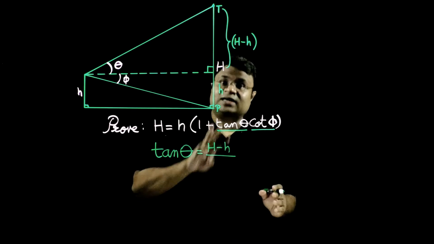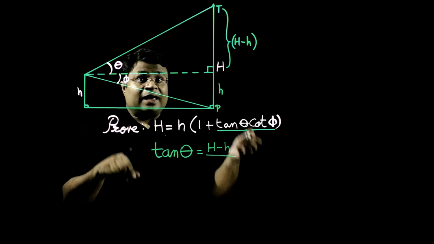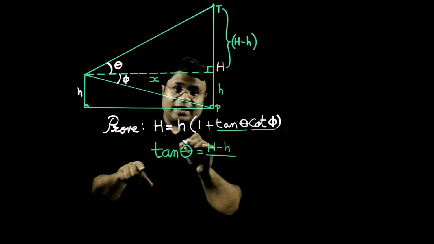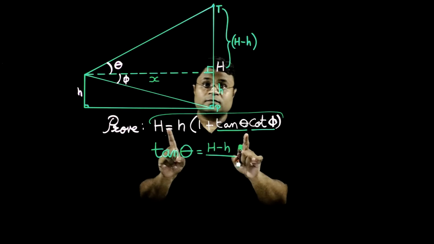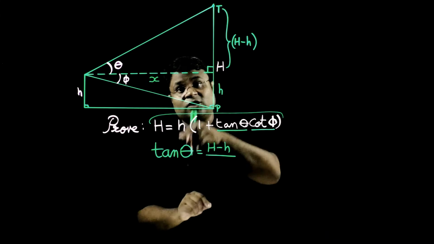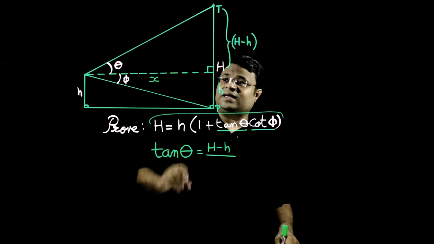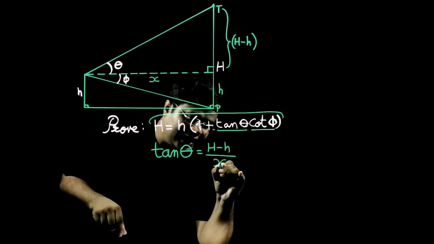Now comes the third step. Third step is to name those sides which are not in the result to be proved but are a part of your construction. So tan theta is perpendicular upon base, that is x.